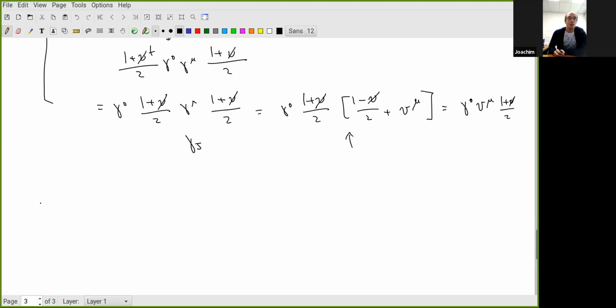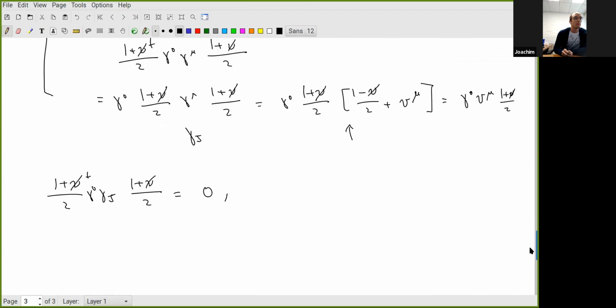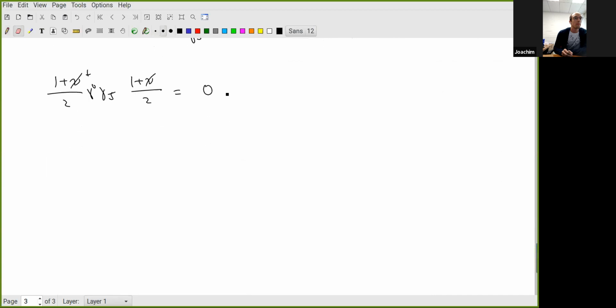Okay, so let me write this down at least. So for the gamma 5, we have 1 plus v slash dagger half times gamma 5 times gamma 0, 1 plus v slash equals 0, which means we need to keep the higher contributions in this expansion in this case.